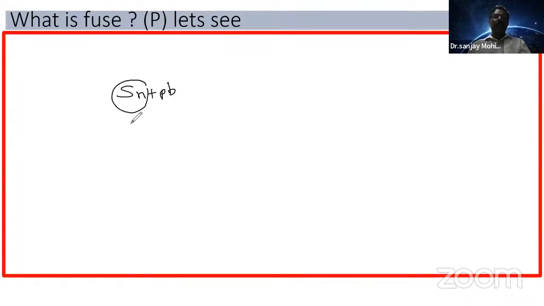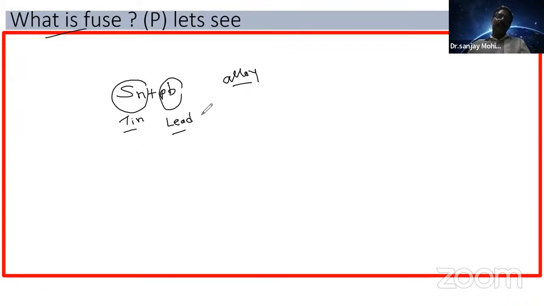Sn is called tin and Pb is called lead. So the question comes, what is a fuse? A fuse is an alloy made up of tin and lead.